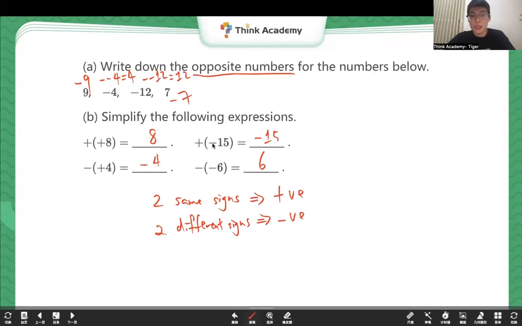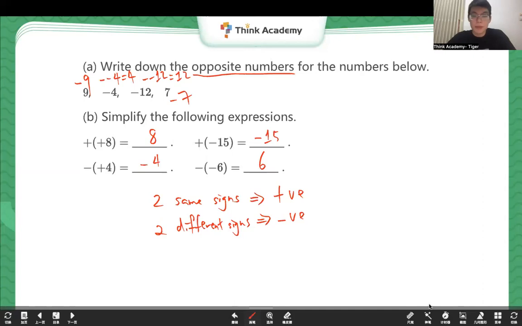If I have two same signs in front of a number, that's going to be a positive. If I have two different signs in front of a number, that's going to be a negative. So there's only these two cases. And by two same signs, I mean either 2 plus or 2 minus. Both of them will give us a positive number.